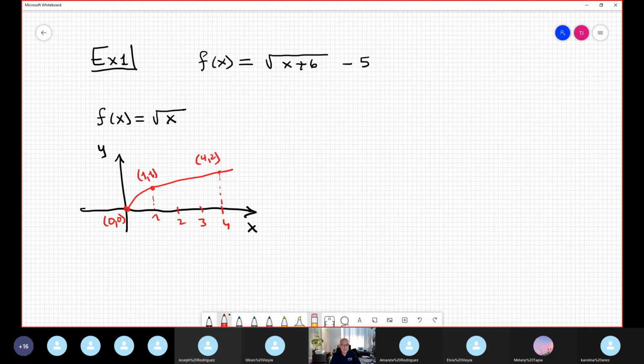This curve represents the basic function square root x. This is my basic. Keep doing transformations one by one. You are now doing the graph of this given function.